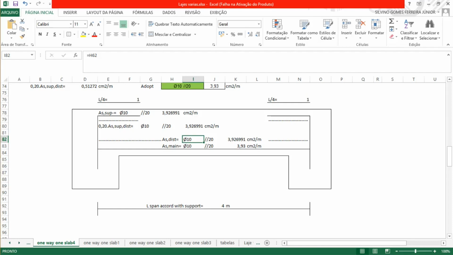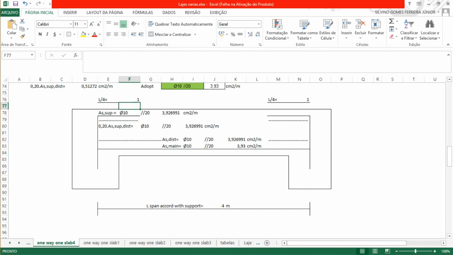On the top we needed to reinforce in the connection with the supports. That can be a brick wall or the beams. So this should be a distance of L divided by 4 at least. In this case, since it's 4 meters divided by 4, it gives 1 meter. So this reinforcement will go from here to there, 1 meter.